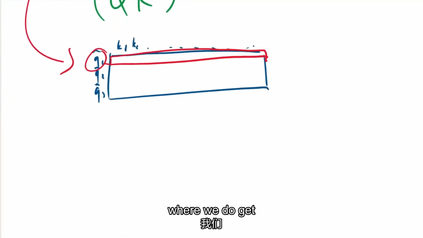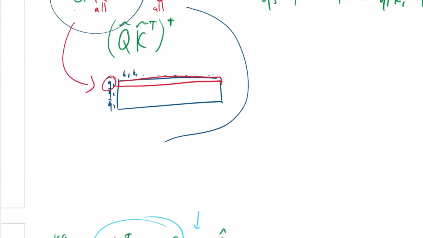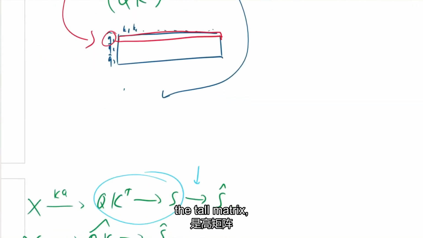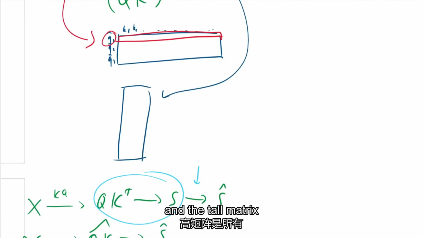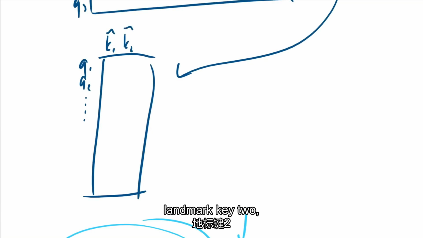Okay. Where we do get a problem is when we have this matrix. This matrix is the tall matrix, and the tall matrix is all the queries with the landmark keys. So here's query 1, query 2, and so on. And here is landmark key 1, landmark key 2, and landmark key 3.